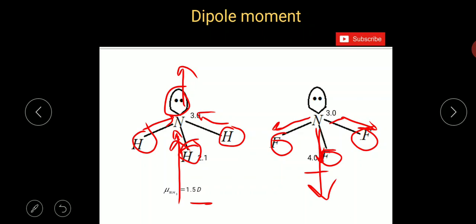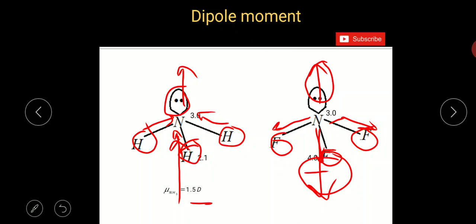And what about the dipole moment due to the lone pair of electrons? The lone pair also contributes to the dipole moment, so some dipole moment will be there away from nitrogen due to this lone pair. As these two dipole moments are in opposite directions, there will be some cancellation.